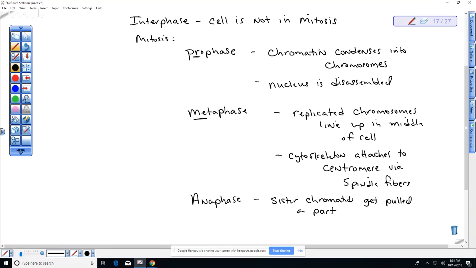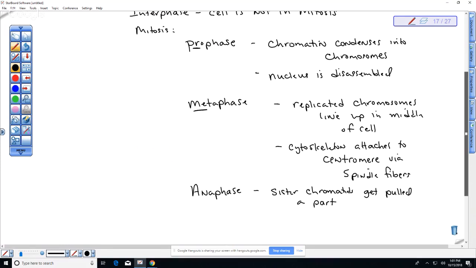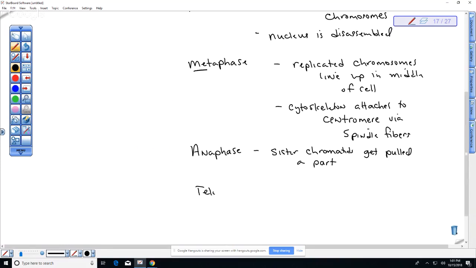And then the next stage, the very last phase, is called telophase. And telophase is where the nuclei are reassembled around each set of chromosomes.